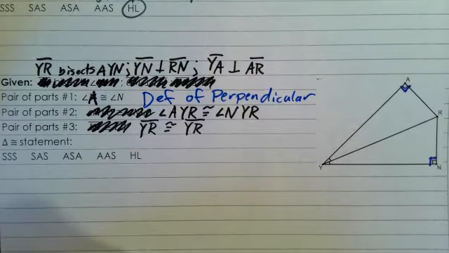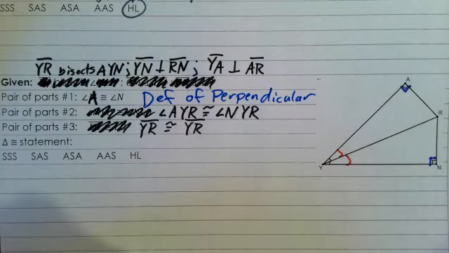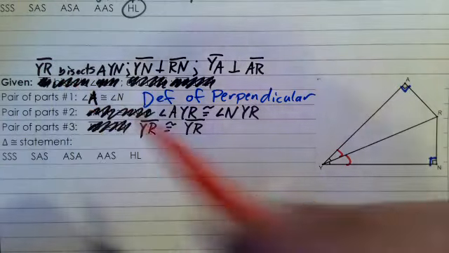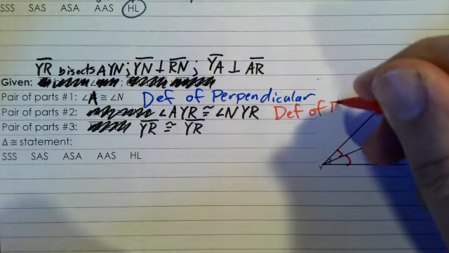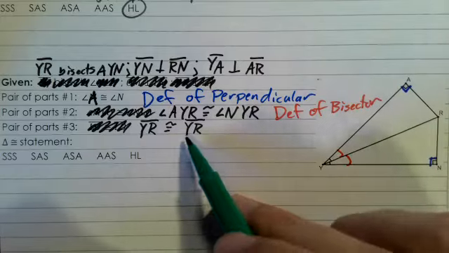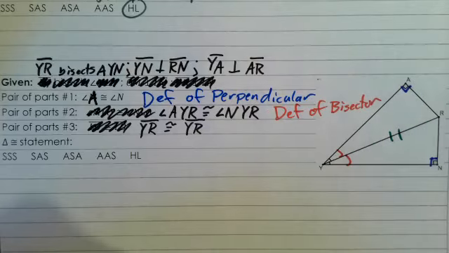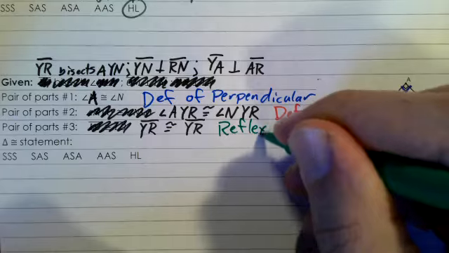Then we've also got the fact that these two angles down here, those two have to be congruent to each other, thanks to this definition of bisector. And then finally, we've got YR is congruent to YR. So this side right here is congruent to itself. That's our friend, the reflexive property.